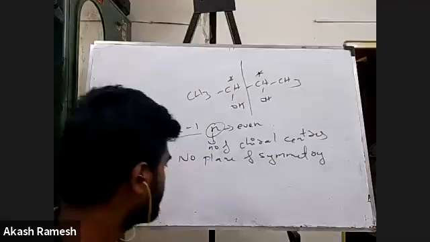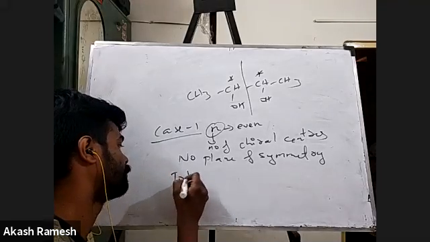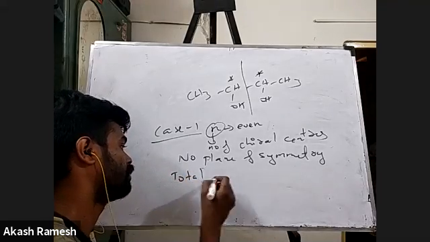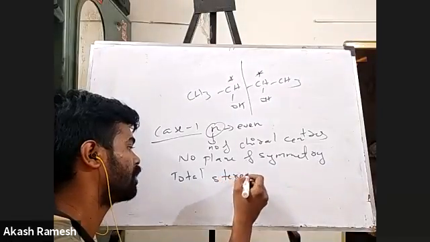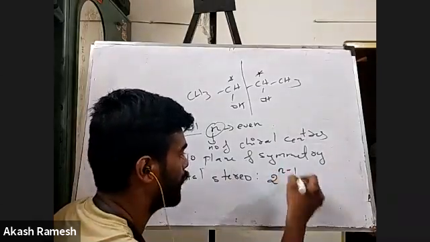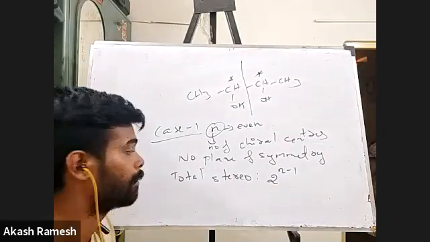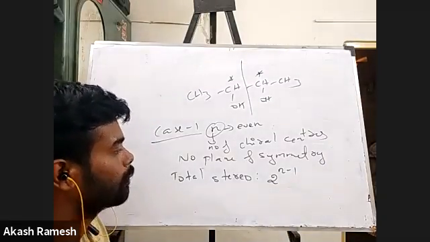In that case, the total number of stereoisomers will be equal to 2 power n.